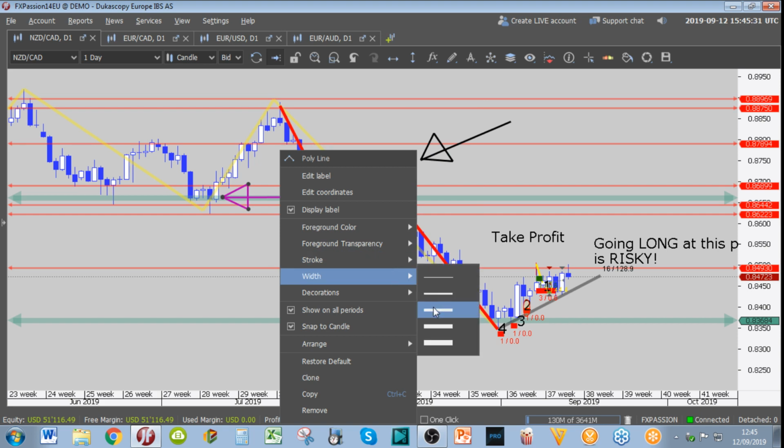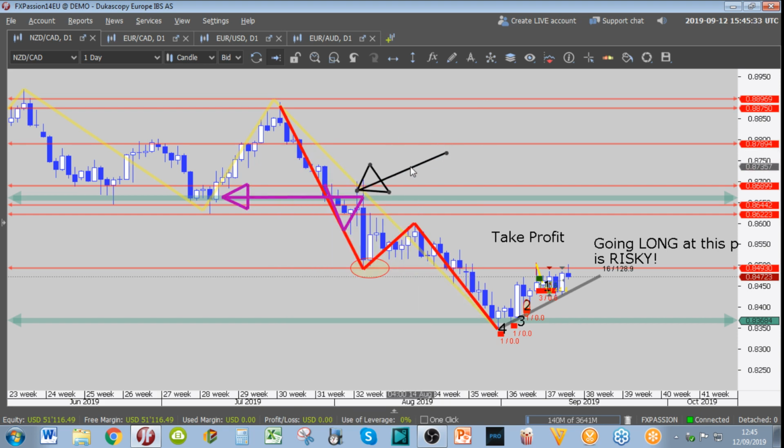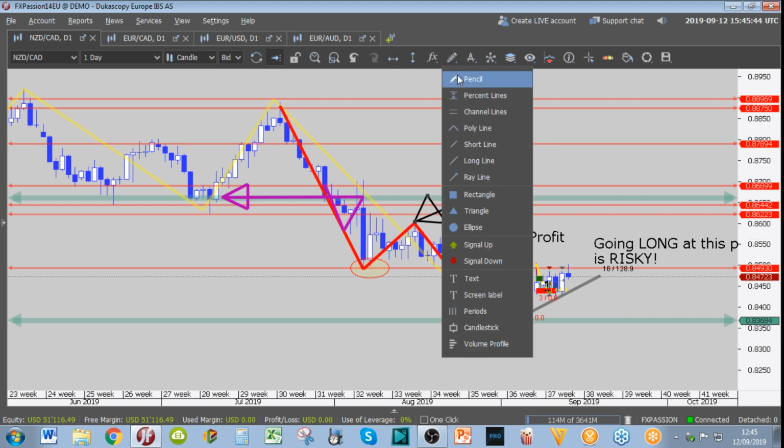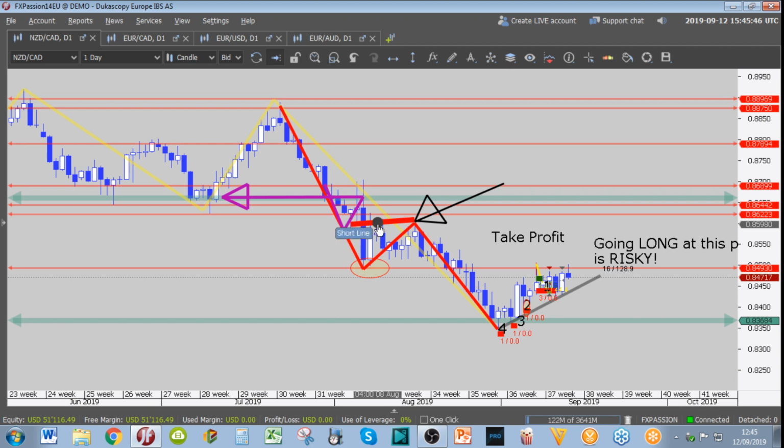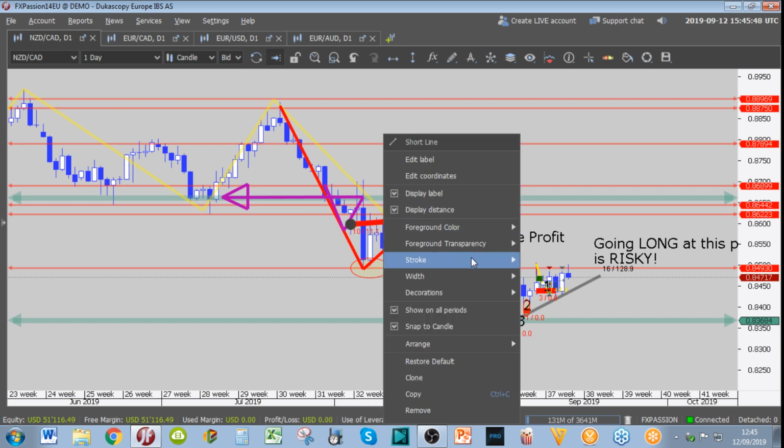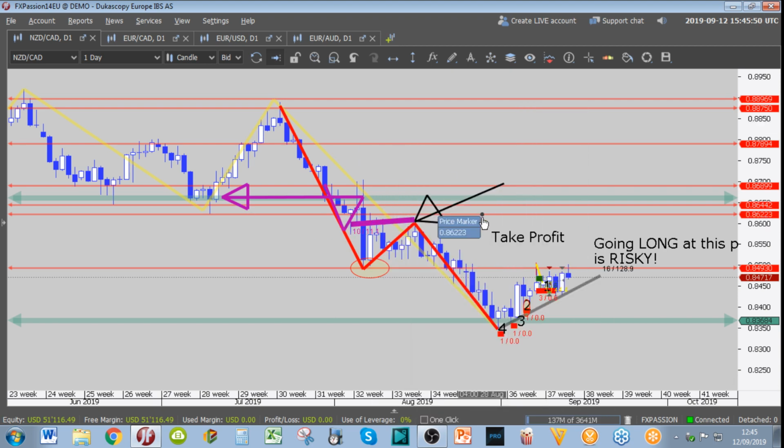There you go. It went down, it went up, hit the wall here and fell down. It went sideways, hit resistance in here, violet line, it went up, hit the wall here, fell down.